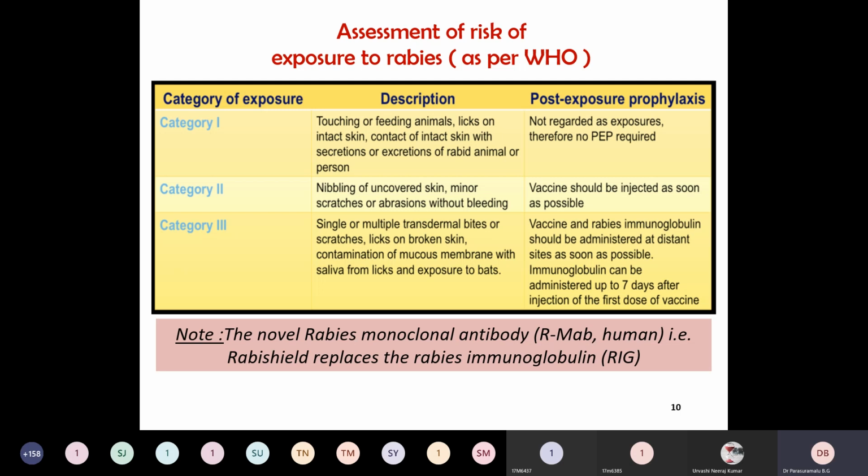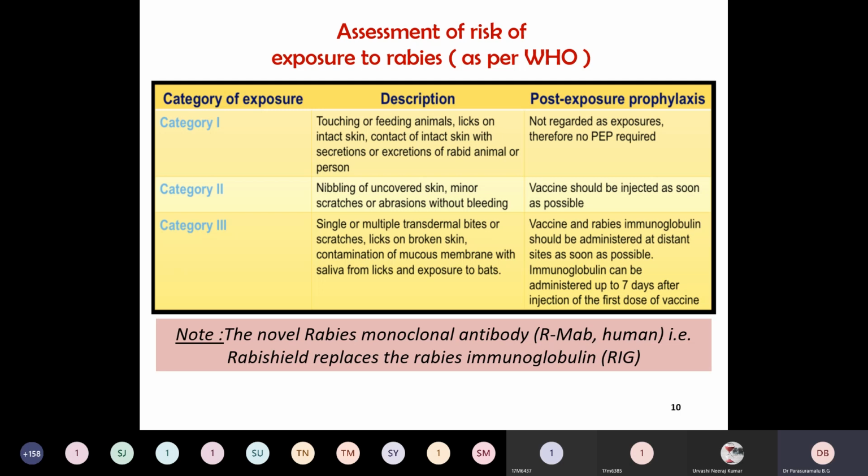And then short height, the head and neck or upper extremities are easily accessible to the biting animal. So short incubation periods, so they are more prone to contract rabies. Poor reporting to the parents or guardians about these exposures because of the scare that they may scold them.